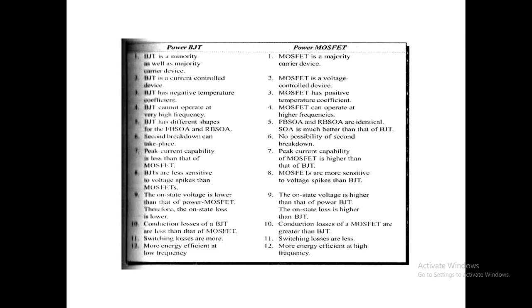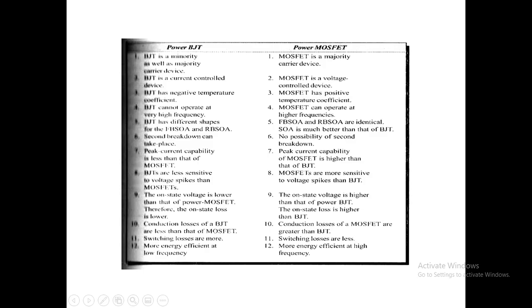BJT has a negative temperature coefficient, and MOSFET has a positive temperature coefficient. Negative temperature coefficient means if temperature increases, the resistance decreases, and positive means if the temperature increases, the resistance will increase.